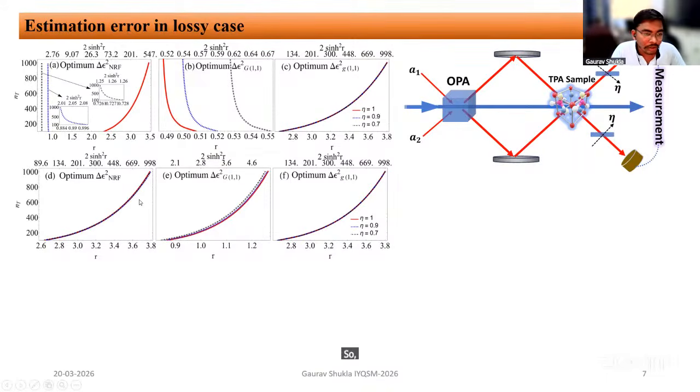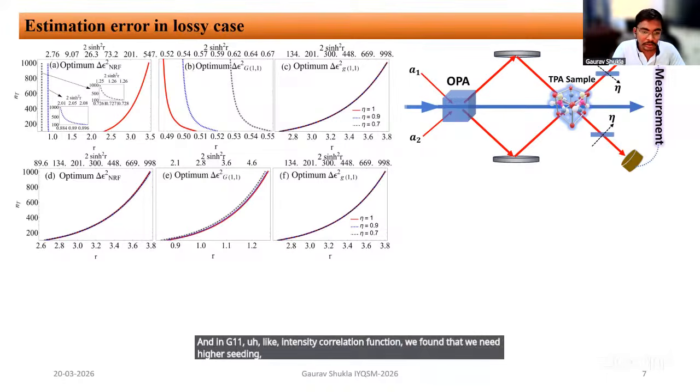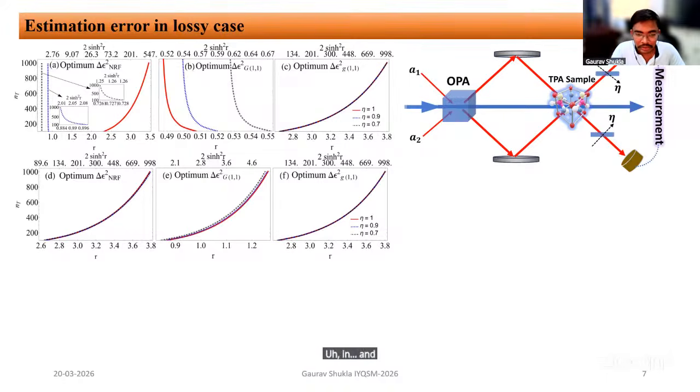So overall, we found that in the noise reduction factor and in the normalized intensity correlation function, we need higher squeezing and less seeding. And in G11, the intensity correlation function, we found that we need higher seeding and less squeezing.